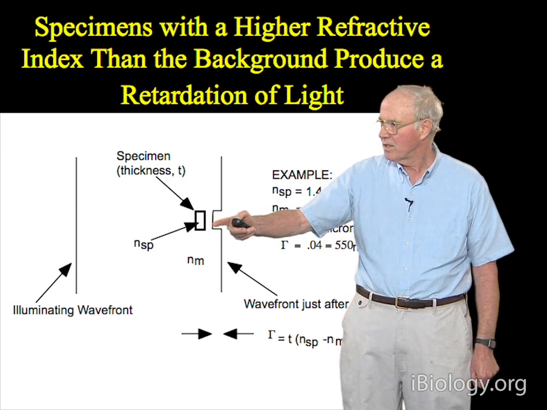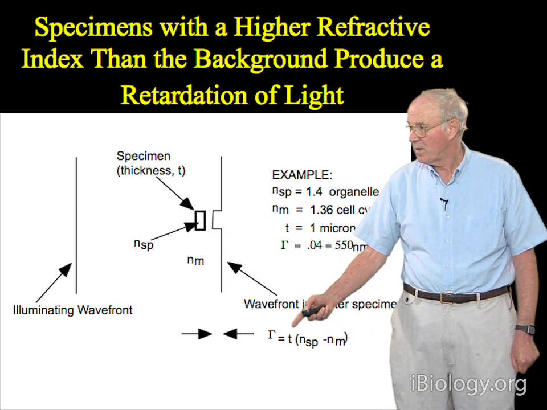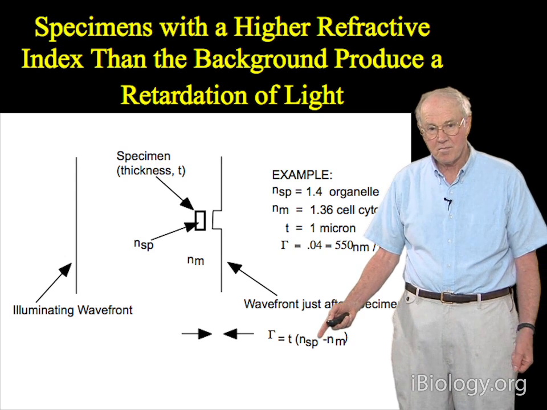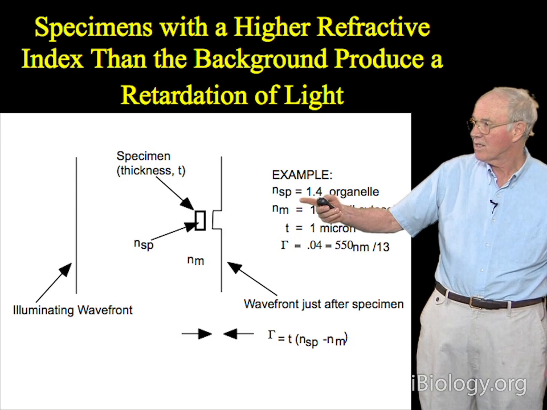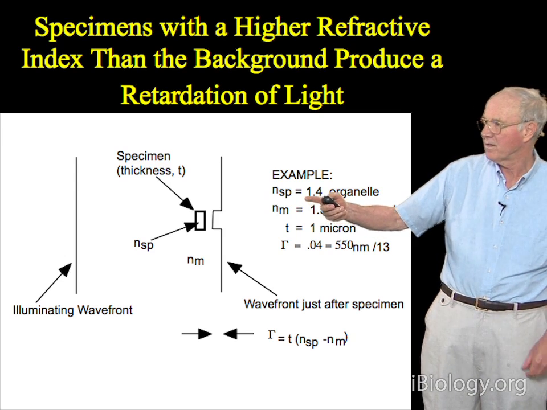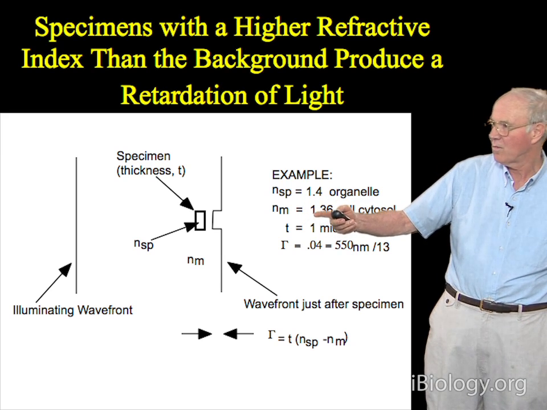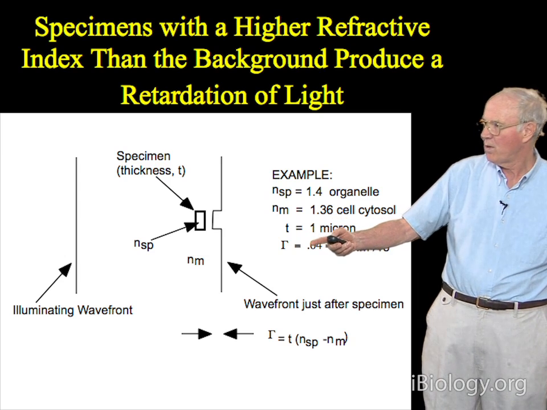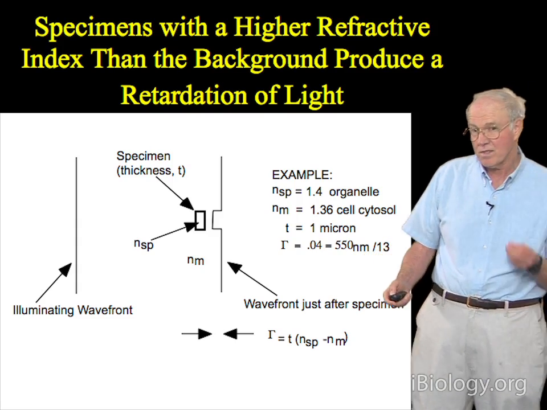And this retardation of the wavefront is given by the thickness of the specimen times the refractive index of the specimen minus the refractive index of the media in the background. For an example organelle, pure protein is about 1.5, but let's say this organelle is 1.4, and the cytosol is around 1.36 to 1.38. If the thickness is 1 micron, then the retardation is 0.04 micrometers, which is about a 13th of the wavelength of green light. So it isn't very much.